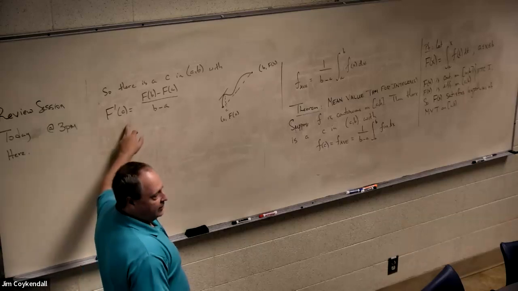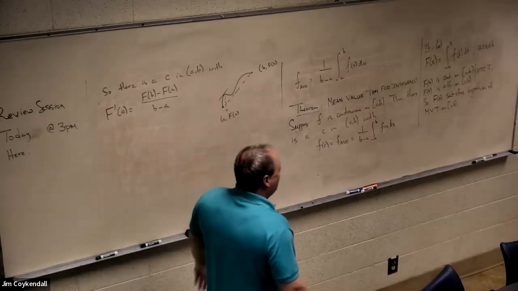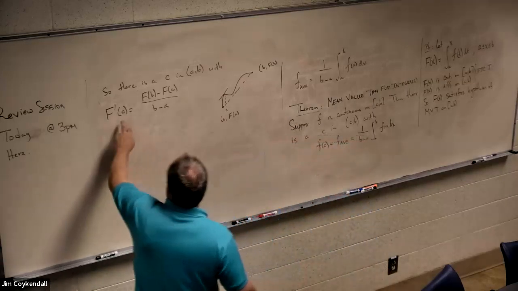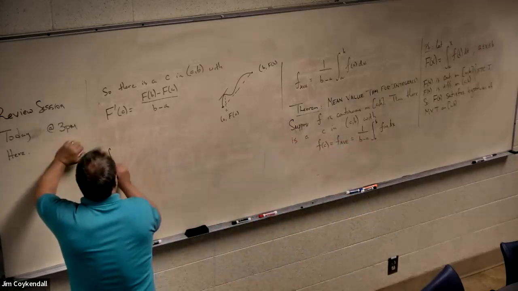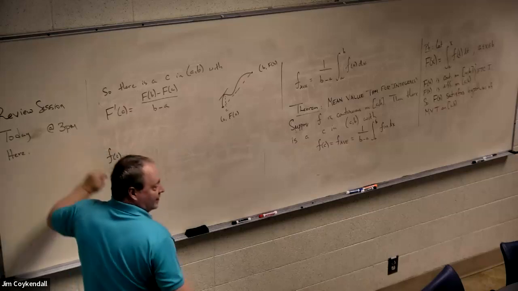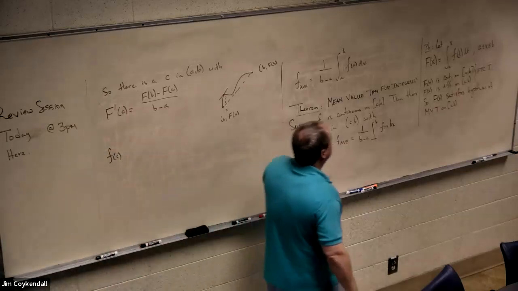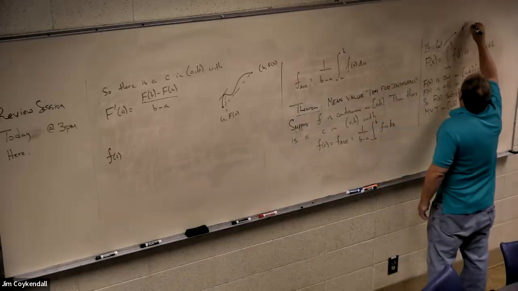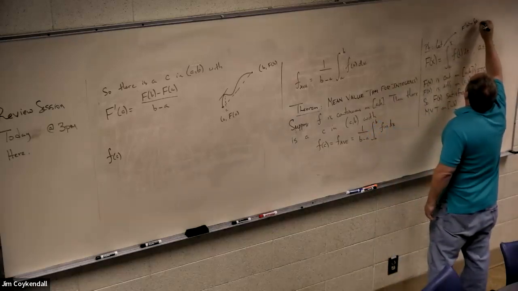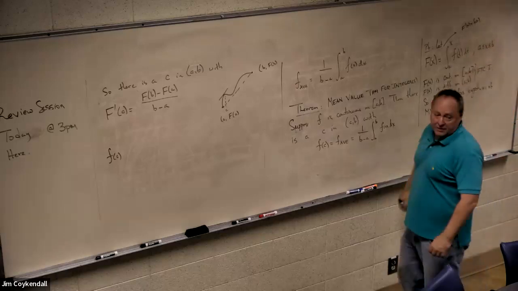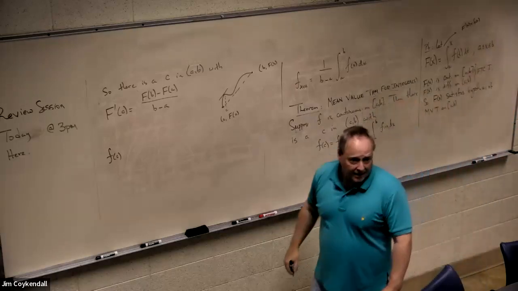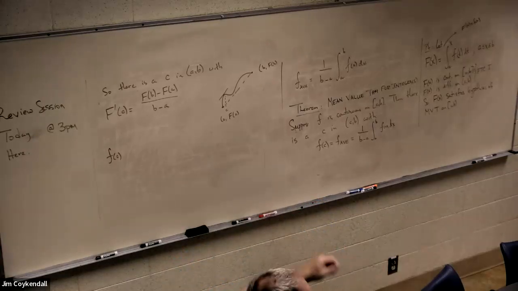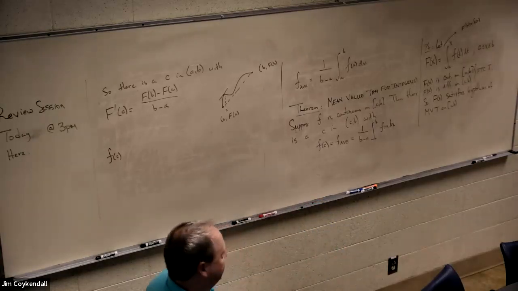Now let's translate this. What is F prime of c? Well, this is little f of c. Because remember, F prime of x is f of x by the fundamental theorem of calculus. That was a big theorem: if you had that function defined by an integral, its derivative is what was inside the integral.